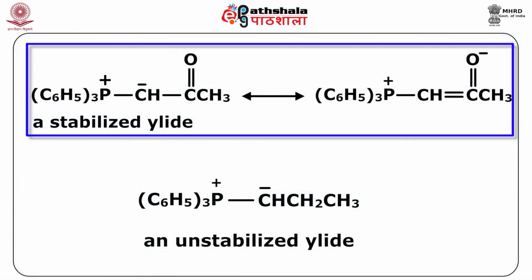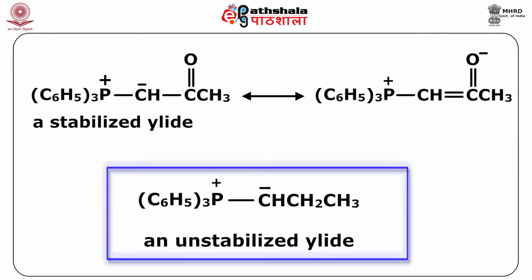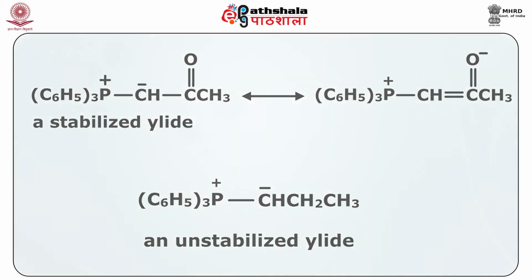The former, which are joined with conjugation or anion stabilizing substituents, are called stabilized ylides, because the negative charge on the carbon is stabilized not only by the atom of phosphorus but also by the adjacent functional group via enolate type structures. The latter ones do not have such stabilization and are referred to as unstabilized ylides, as you can see here.